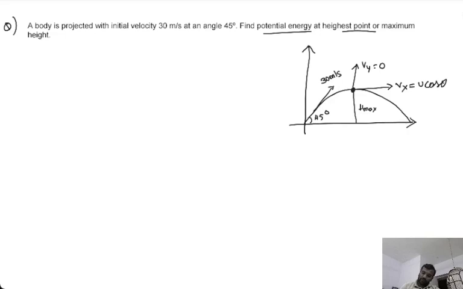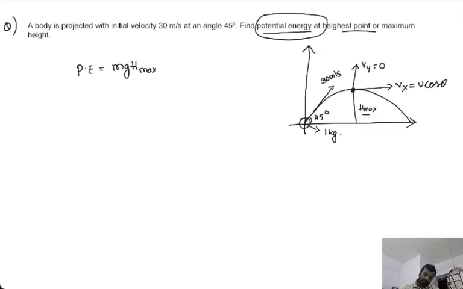We know the formula for potential energy: PE is equal to mg h. At the highest point, the displacement is the maximum height. Here the mass of the body is considered as 1 kg.